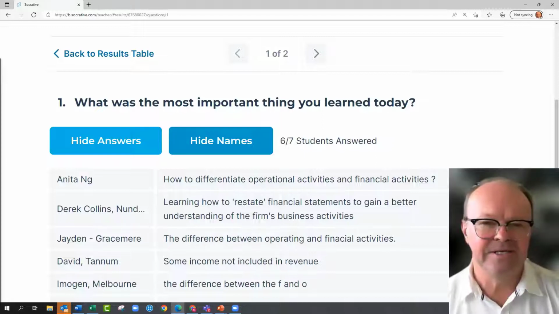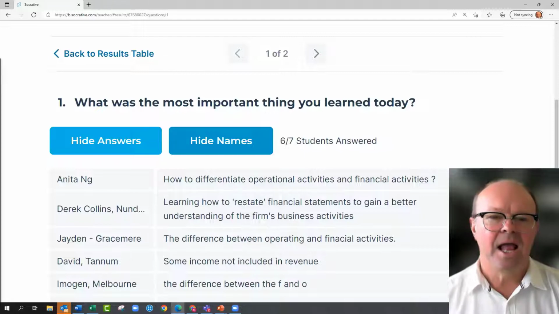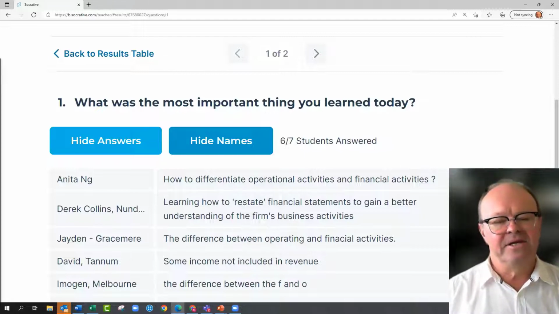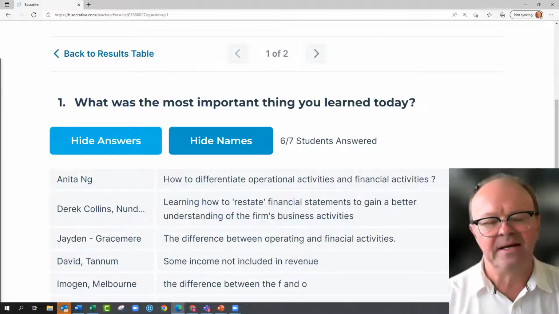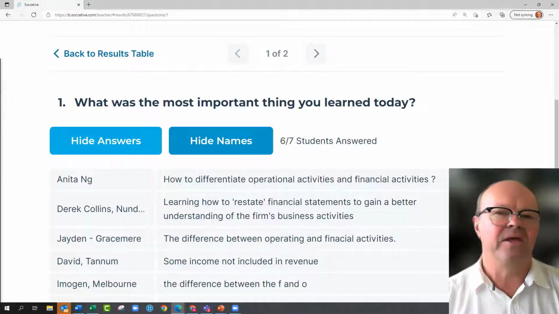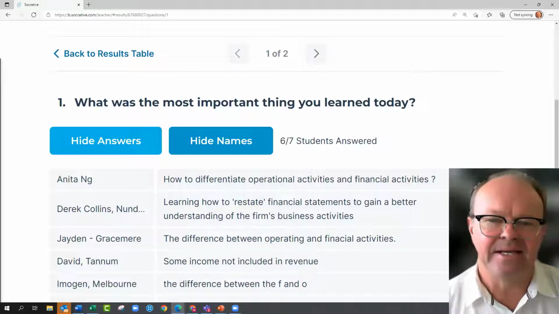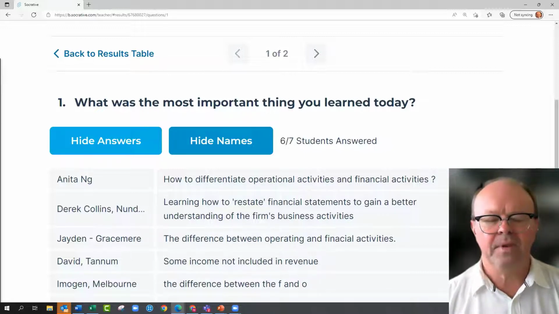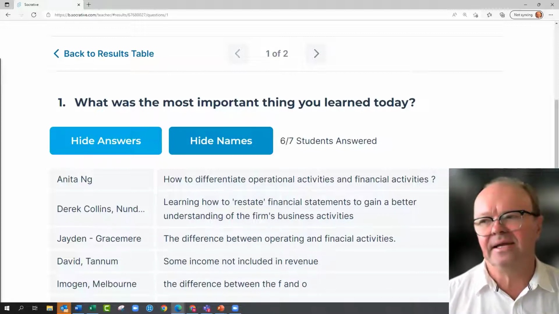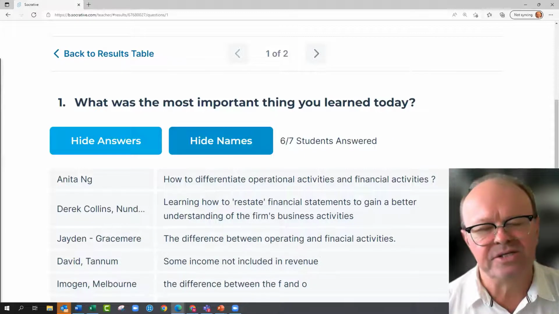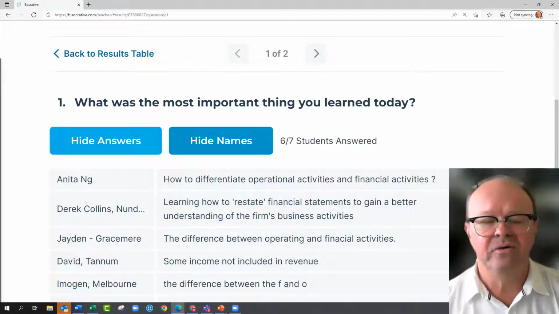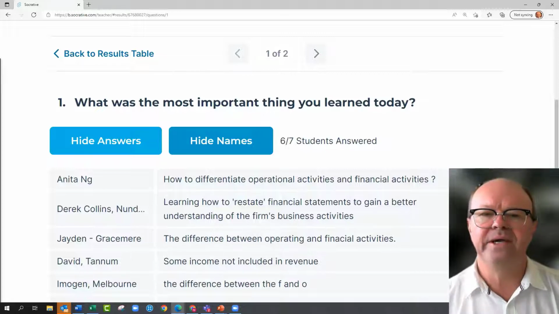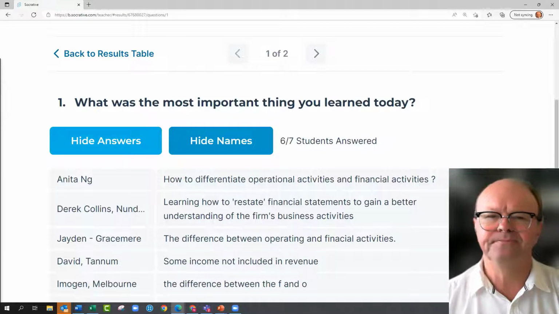The operating activities? Yes. The difference between operating and financial activities, here's a good way of thinking about it. The operating activities are the interactions with customers and suppliers. So if I had an expense, employee costs, would that be operating or financial? Are employees a supplier or customer?